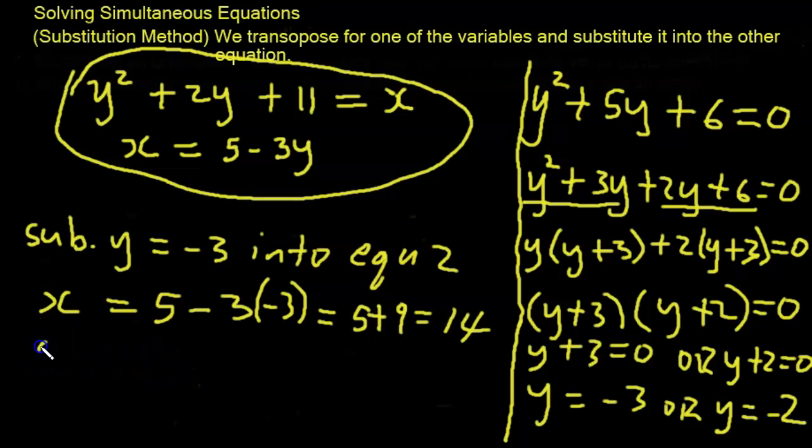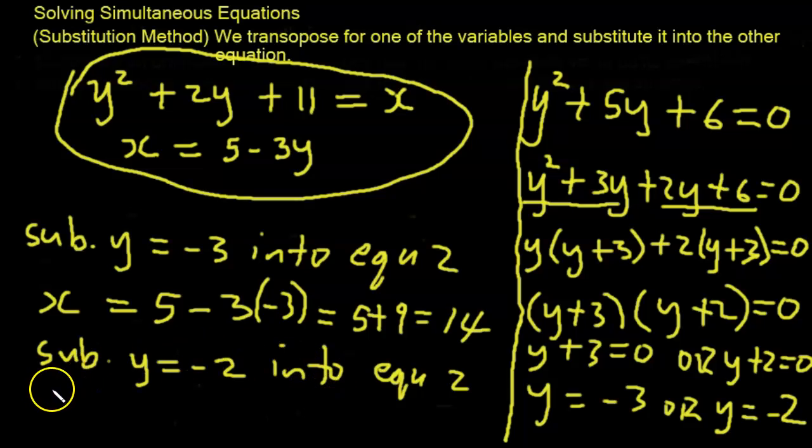Alright, we substitute for the other x value. So substitute y equal to minus 2 into the same equation. You could use equation 1, it doesn't matter, the result will be the same. And equation 2 again is x equal to 5 minus 3y.